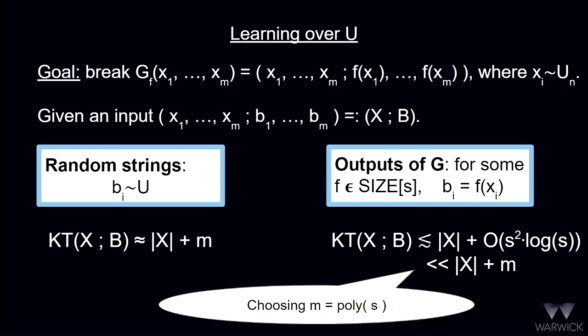But then once we have those, if we want to get one of the Bi's, all we have to do is look up the appropriate Xi, to which we now have random access, and apply a description of our circuit computing F. And if we choose our sample size, M, to be large enough, like say big enough polynomial in the circuit size of F, then we get the desired gap in KT complexity between the two cases, which our assumed heuristic for KT will identify, giving us a distinguisher, predictor, and so on.